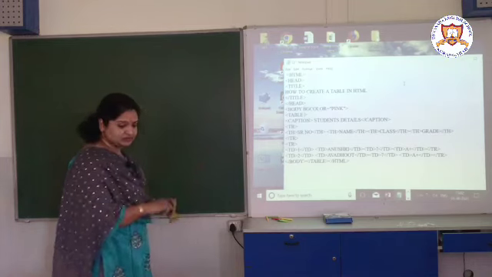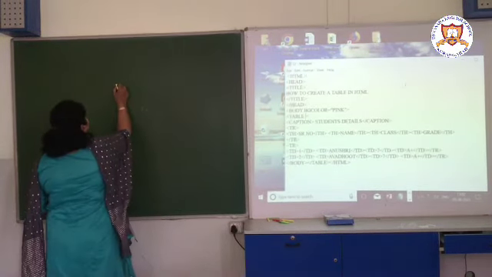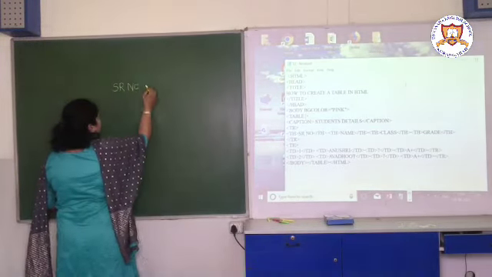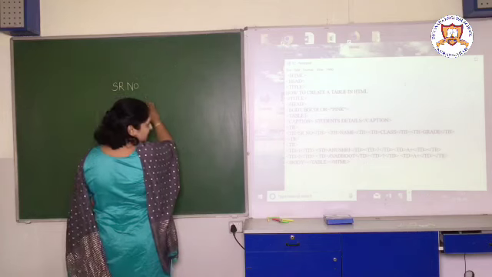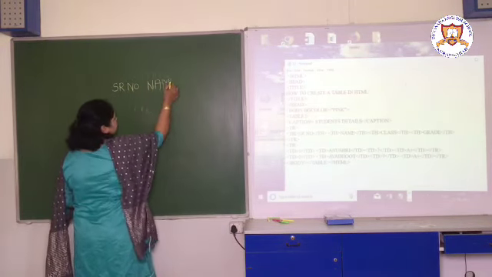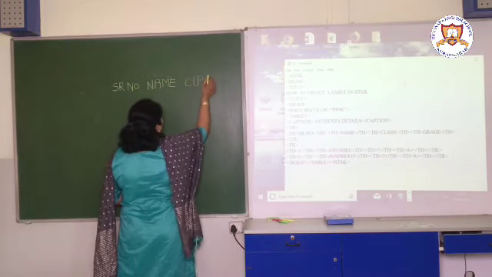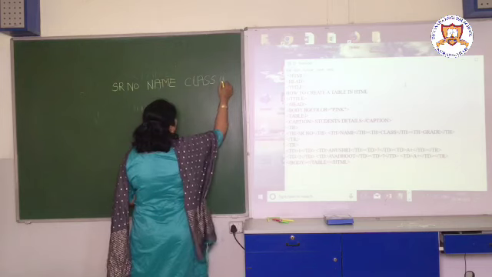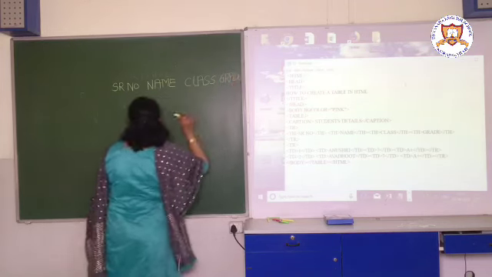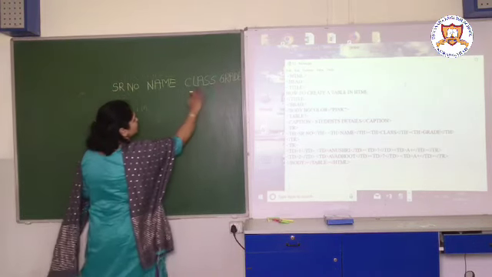Just see here. The first is serial number, then after that I have written here name, then class, and here grade. Okay, these are the 4 fields. This is the first row.